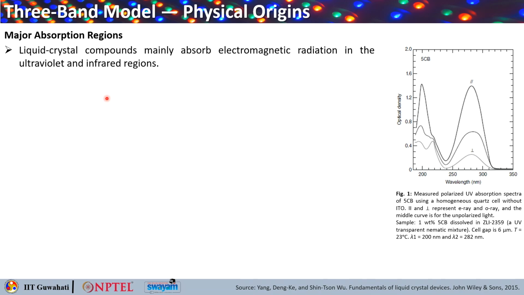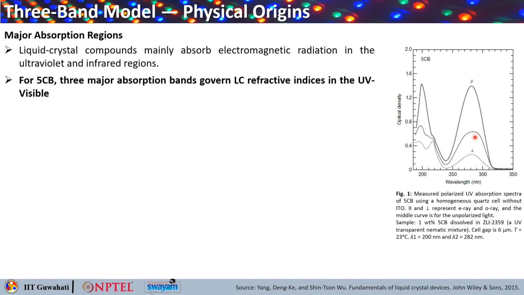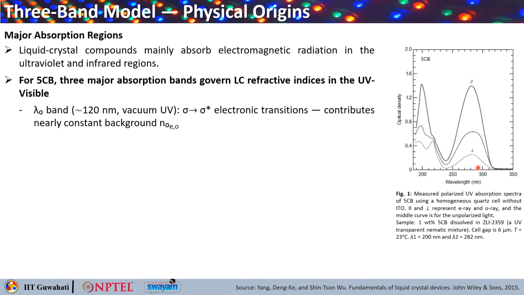So the major absorption bands: liquid crystal compounds mainly absorb electromagnetic radiation in the UV and infrared. Okay, so this is mainly the UV absorption, as you can see. So this is for 5CB, the liquid crystal we mentioned earlier. There are 3 major absorption bands that govern the liquid crystal refractive index in the UV visible region.